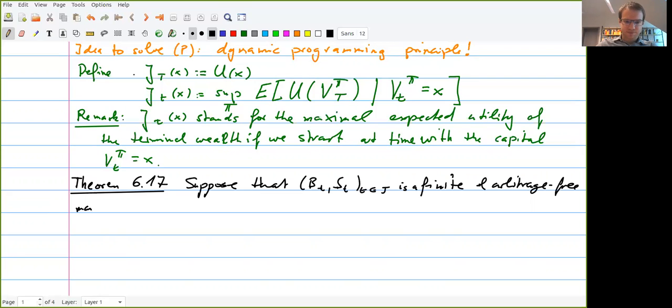And the returns here, this is the standing assumption of our section, are independent.